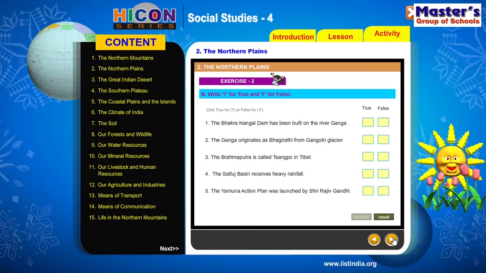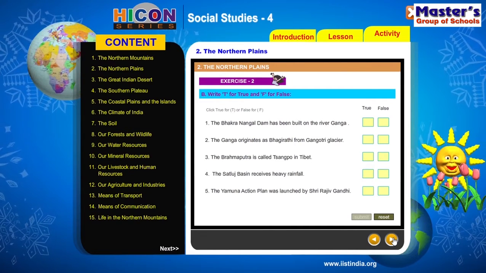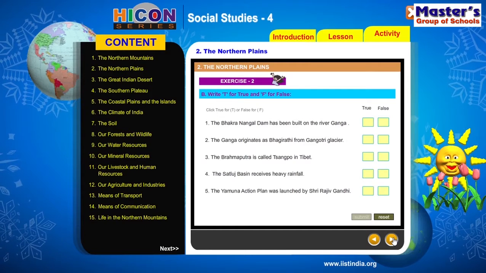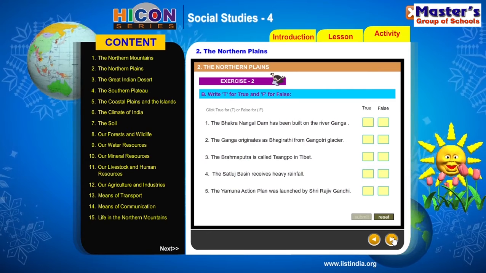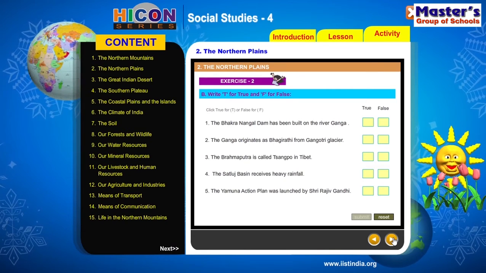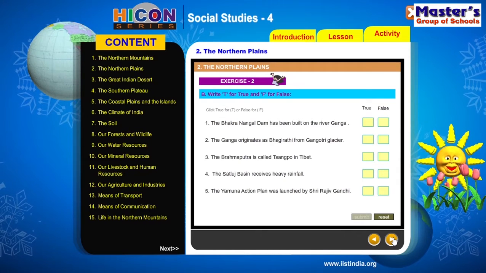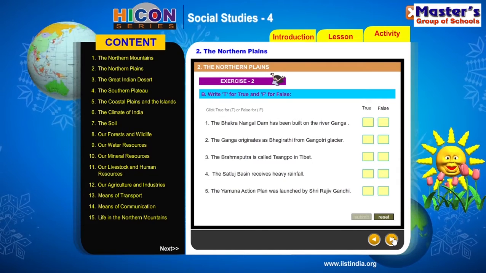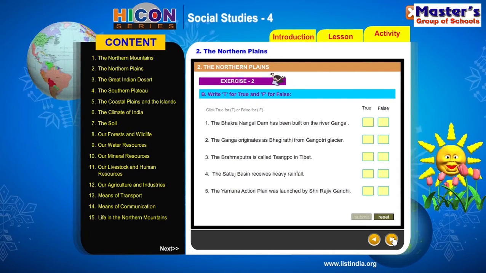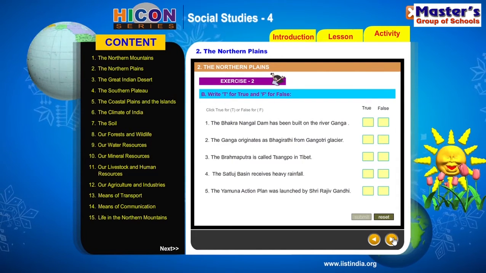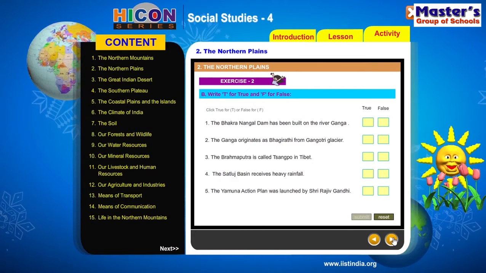If it agrees with what we have learned, then we write a T there, and if it is against what we have learned, then we write an F. T stands for true, which matches with the lesson, and F stands for false, which doesn't match. There are 5 sentences, and we need to match every sentence with what we have learned in the lesson.